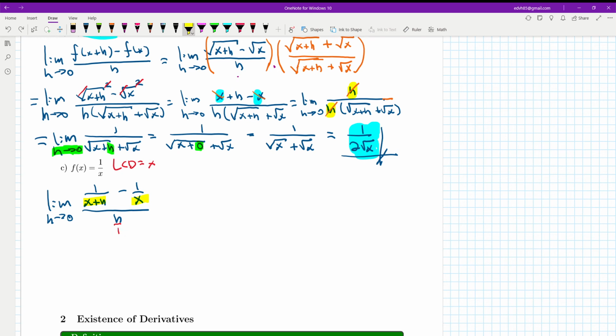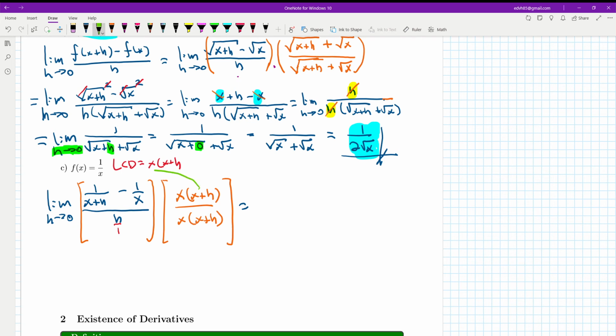Well, in this case, it's going to be x times x plus h. So that's the LCD. So let's multiply by x times x plus h and divide by x times x plus h. What we're going to do here is multiply x times x plus h with this fraction and x times x plus h with this fraction to obtain the following.